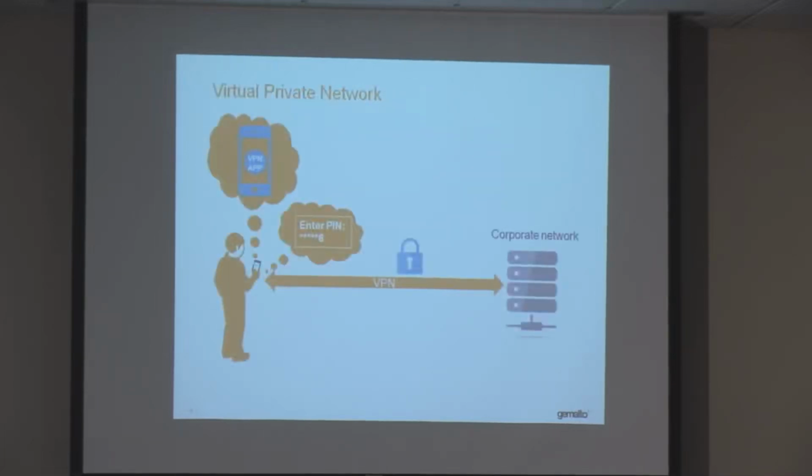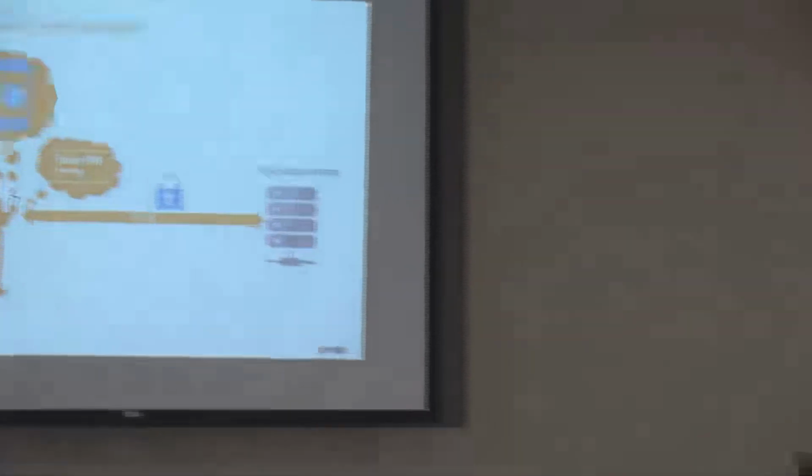And now the next one, which is the VPN, Virtual Private Network. This is in a very similar way. The user opens his client VPN application on his phone. He will be requested to enter the PIN in order to unlock the access to the derived credential, the same way.